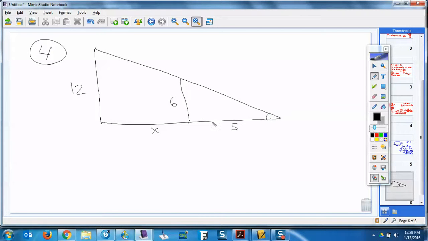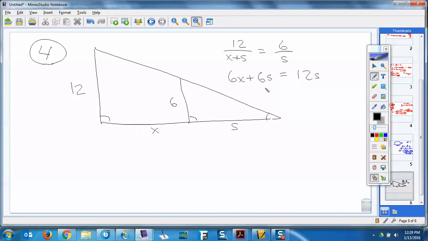Remember the old angle stuff from geometry? It's been a few years for many of you. But if two angles in one triangle are congruent to two angles in another triangle, they are similar triangles, which means their sides are in proportion. So 12 over x plus s, which would be this long side, is equal to 6 over s. And now you can use that to set up an equation.